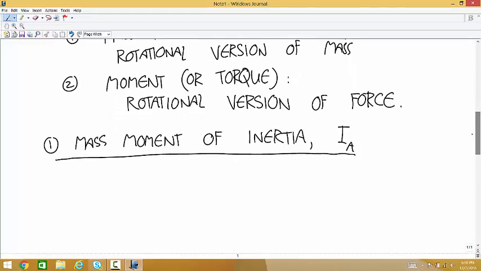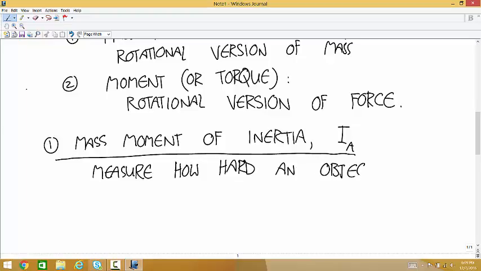And this is just a measure of how hard an object is to get spinning, to get rotating.